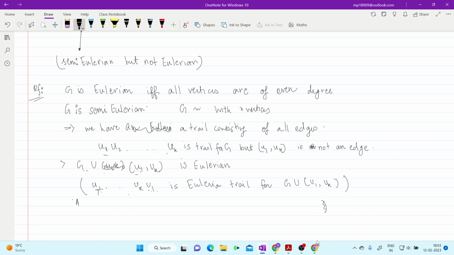Therefore all vertices of G union U1 UK have even degree.